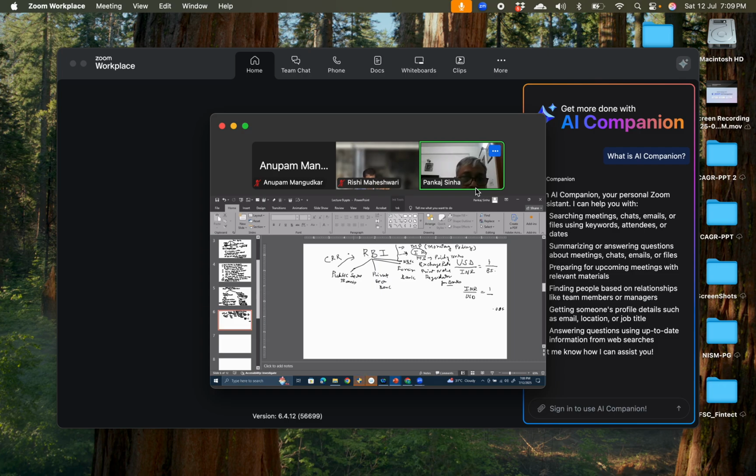And RBI does not give any interest on this money. जैसे आप घर लेने जाते हैं रेंट पे, तो कहता है 6 महीने का रेंट you have to put as a security.